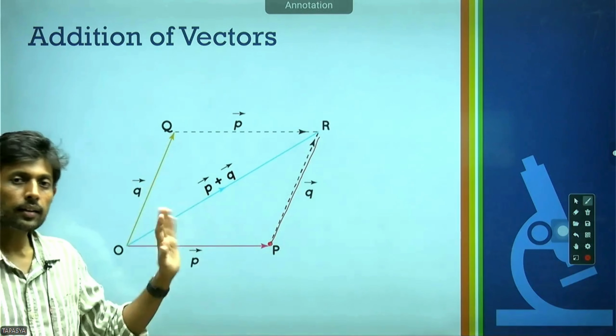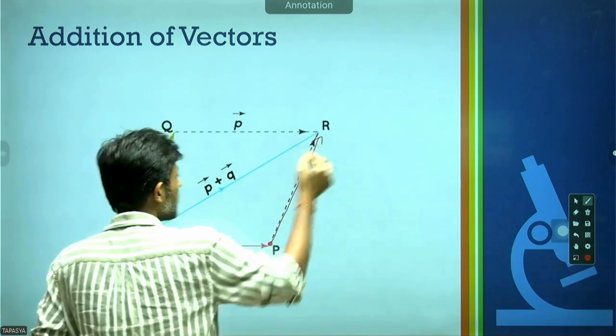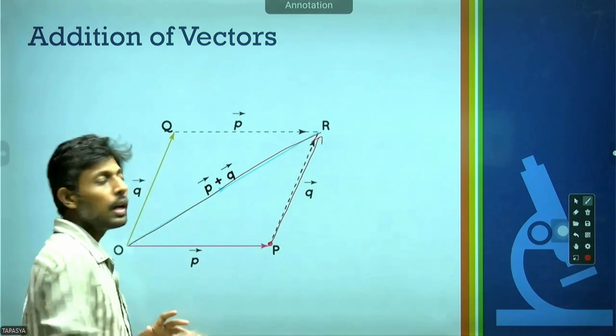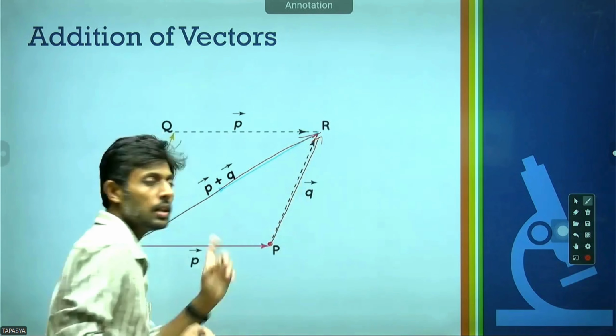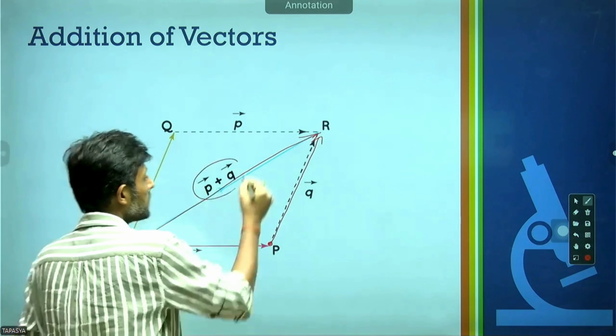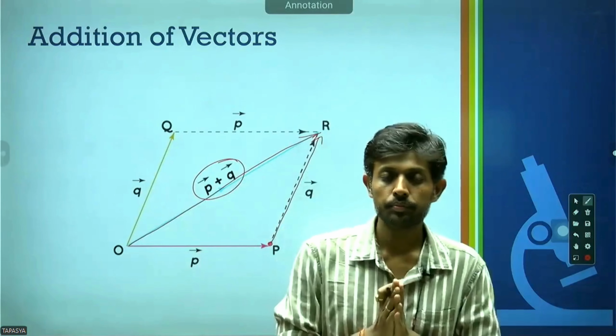After doing that rearrangement, the triangle law says that this line gives you the magnitude and this the direction if you are adding the two vectors. That is it. That is the summary of the triangle law.